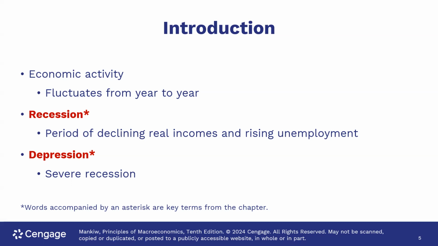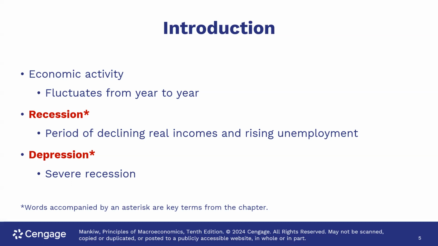That also led to a recession. And most recently, we experienced the pandemic, and during the pandemic, there was a disruption of the supply chain, so that also led to a recession. So you can see that economic activity just has ups and downs.